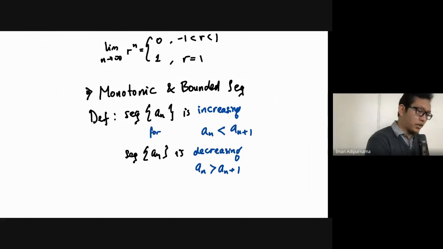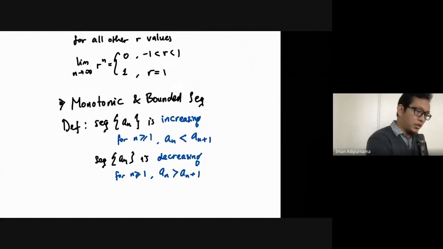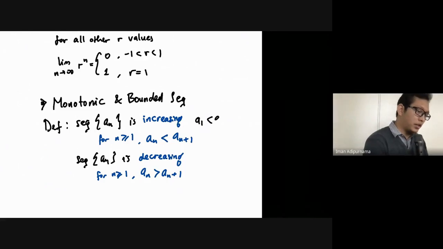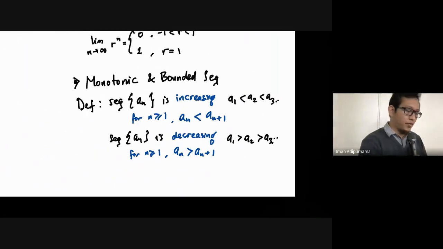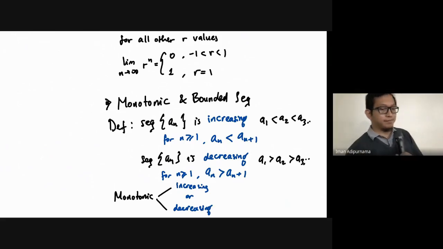This is for n greater than or equal to 1. So increasing means a_1 is the smallest one and then it gets bigger and bigger, and decreasing is the opposite. We call a sequence monotonic if it's always increasing or always decreasing.